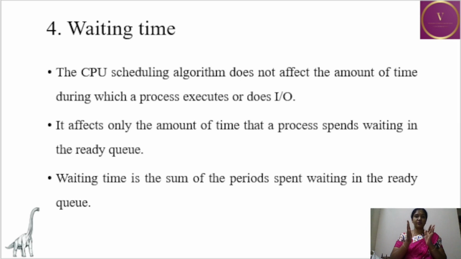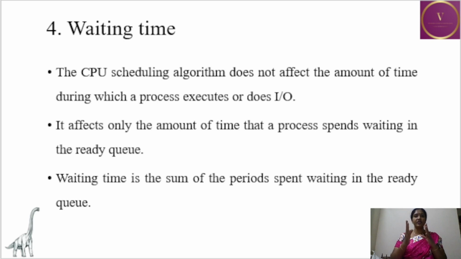So the process is waiting in the ready queue. The time that the process spends waiting in the ready queue is called the waiting time. The second point is that it affects only the amount of time that a process spends waiting in the ready queue.